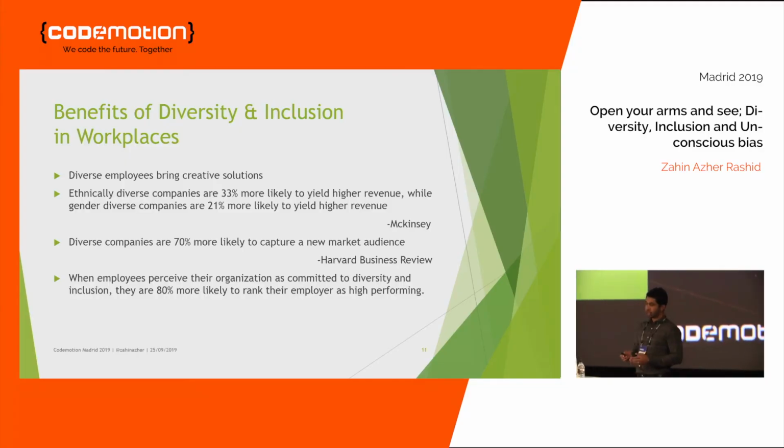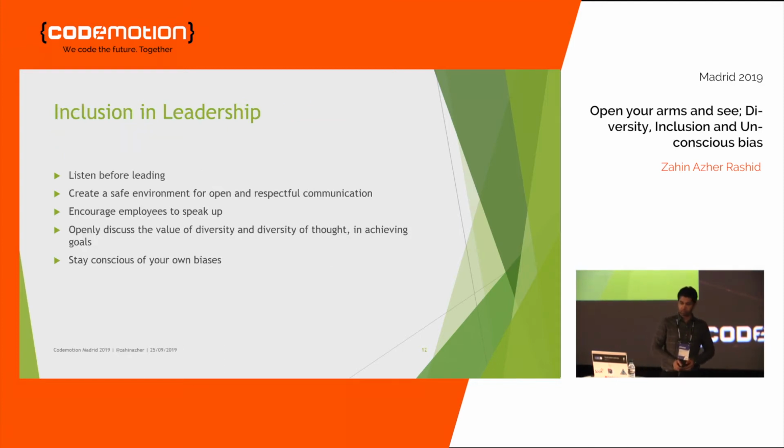So we can see there's a huge difference. And moreover, when employees perceive their organizations as committed to diversity and inclusion, they're also more likely to rank their employer as high performing.